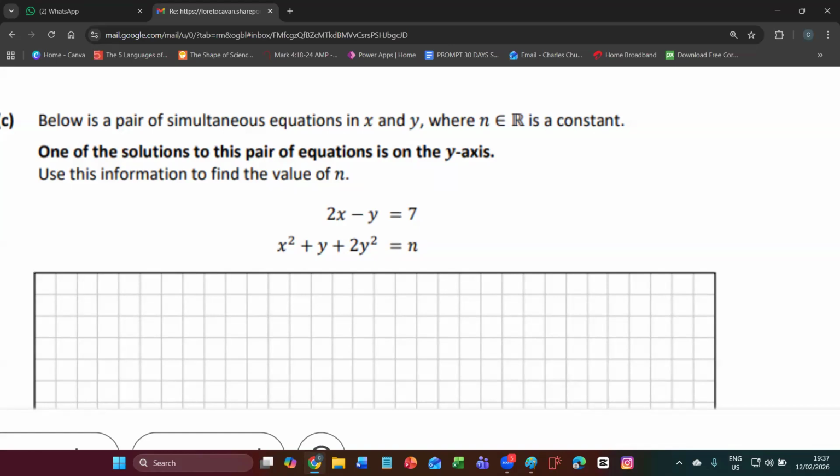And when a graph cuts the y-axis at a point, it means that everywhere on the y-axis x is zero. Are you aware of that fact?